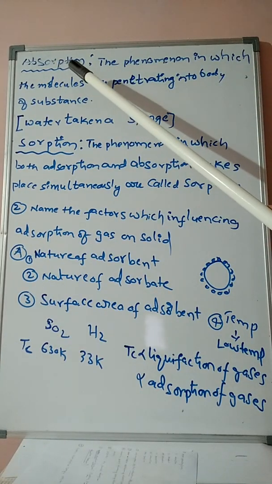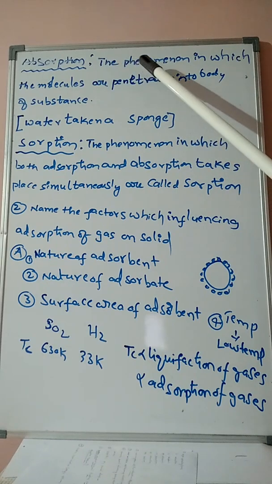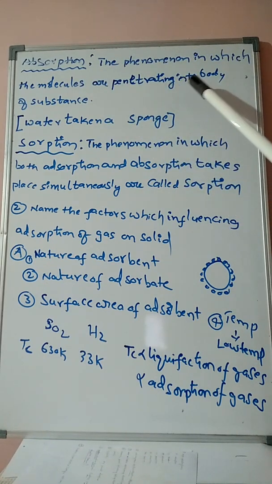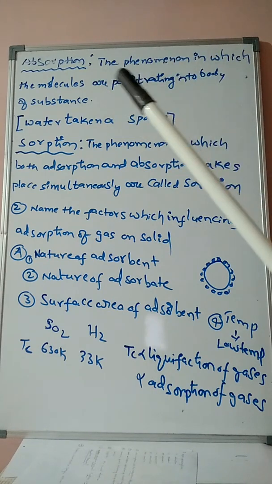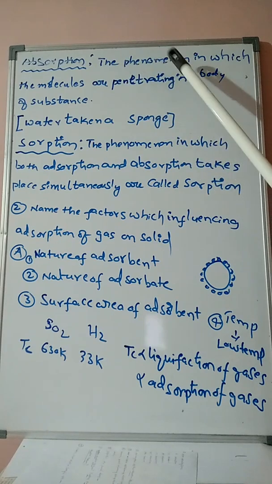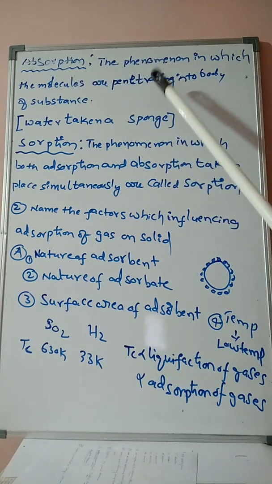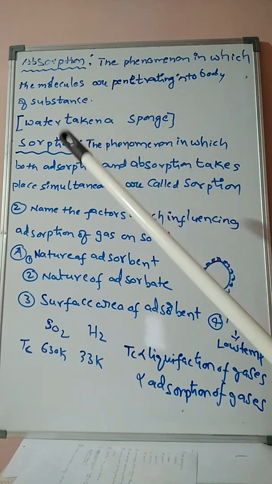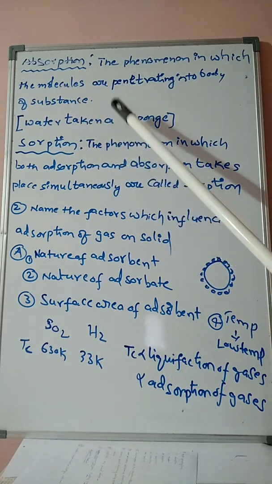Next definition, students: absorption. The phenomenon in which molecules penetrate into the body of the substance is known as absorption. Not adsorption, students, absorption. For example, water taken up by a sponge.